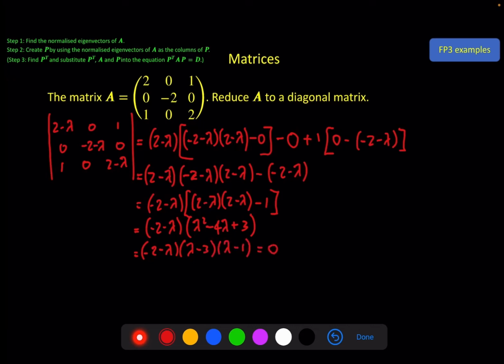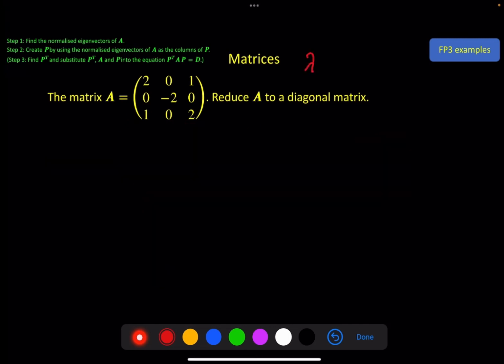Which gives us the 3 eigenvalues: -2, 3, and 1. Okay, from here we need the eigenvectors, and then to normalize them.